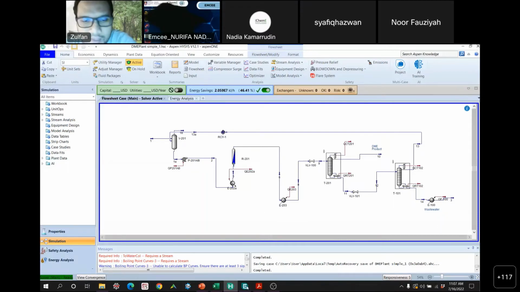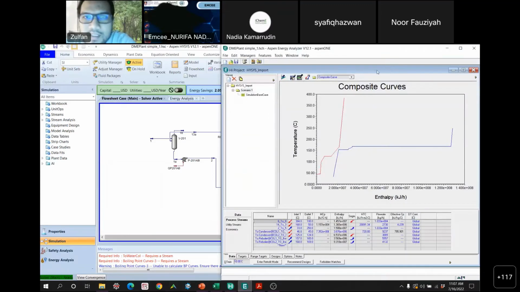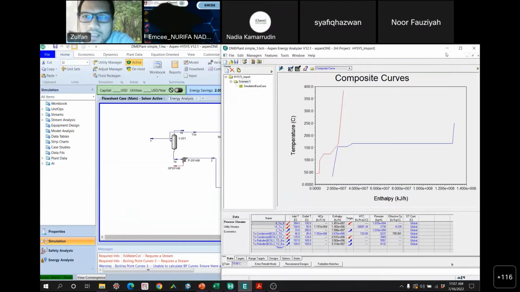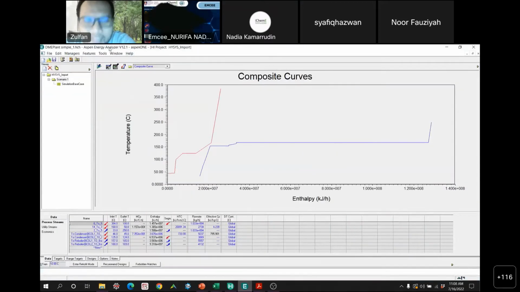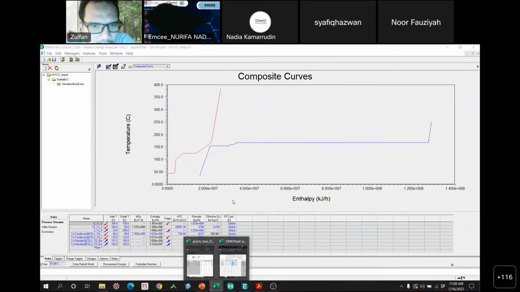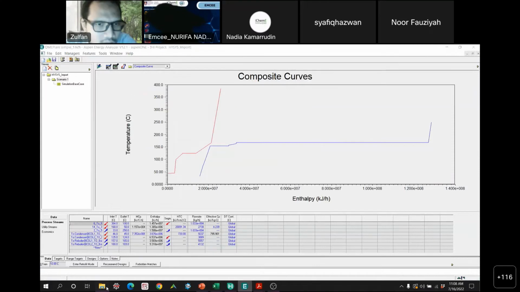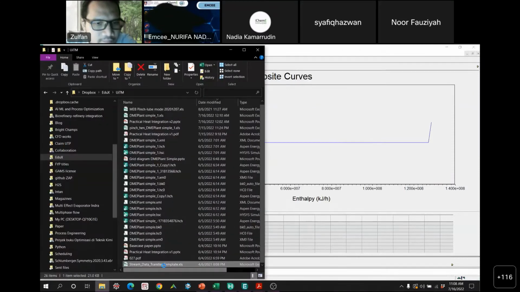One of them is what they call Aspen Energy Analyzer. There is a template for that, which you can find in the installer folder of Aspen, and then you can key that into this one.